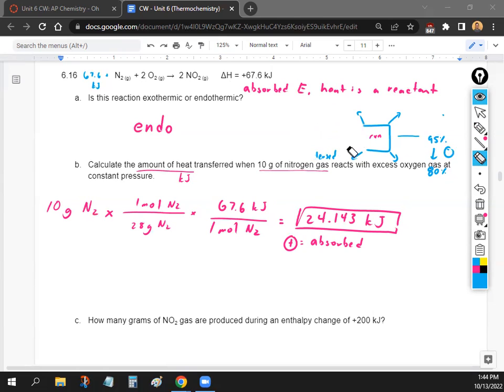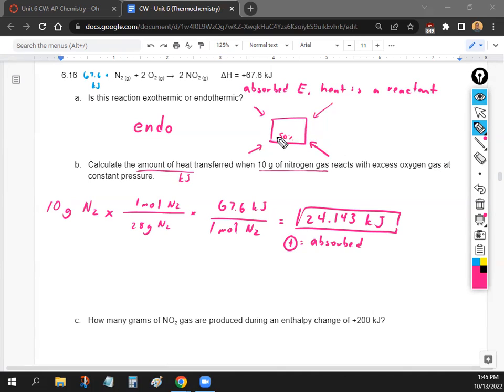Yeah, so we know it's endo when the system absorbs heat. Let me do endo first. Endo means that it's going to get heat from the surroundings. So if it's gaining heat, let's say we have the phone battery again. If your phone is at 50% and your phone absorbs energy, what happens to your battery percentage?